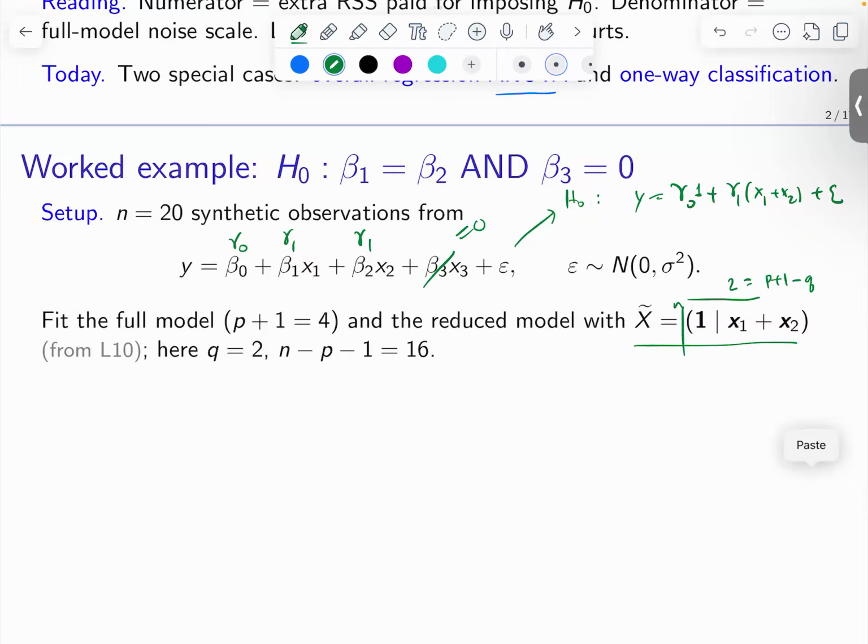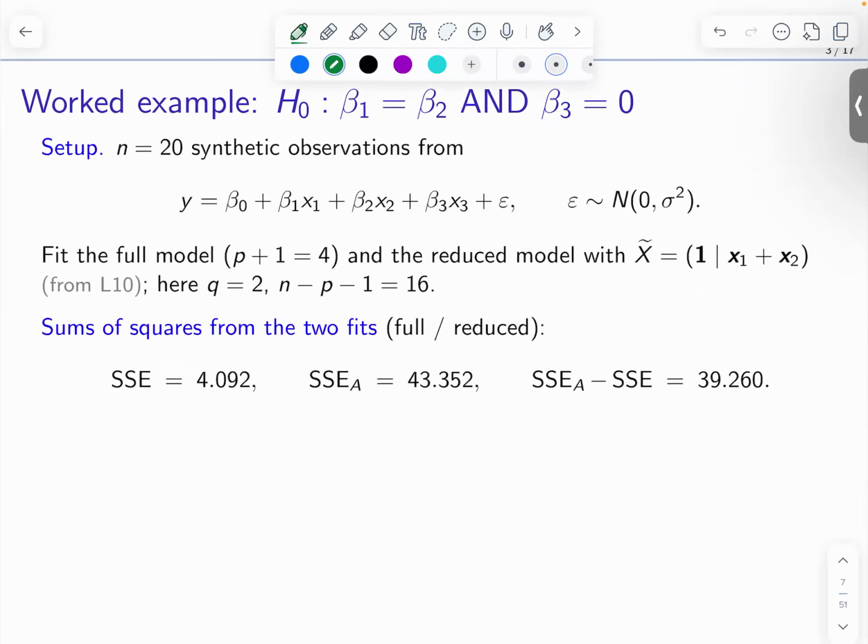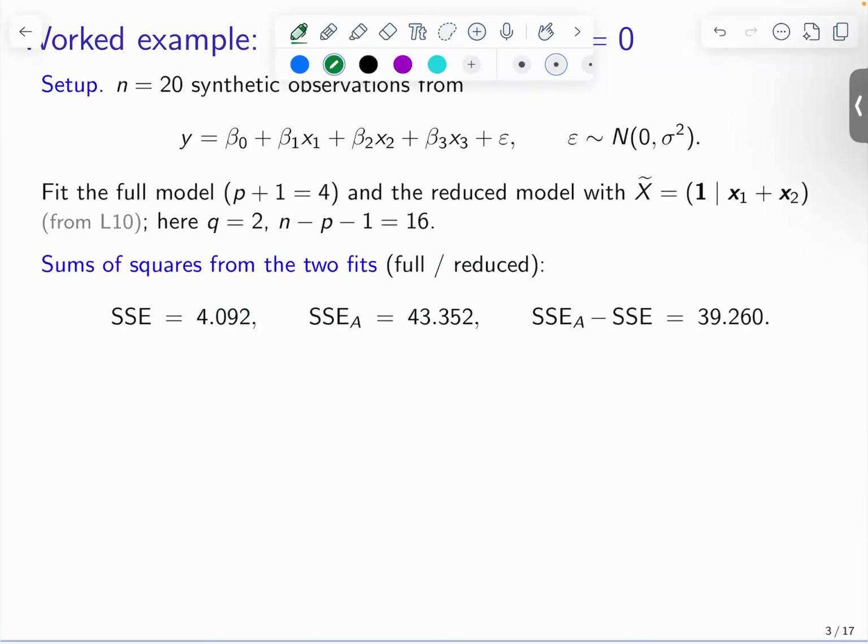And then we impose 2 constraints, so it happens the difference is 2 as well. So I fit this model to the data, and what I get is, let's say, SSE is like 4.09. SSE under the restricted model is 43 or something, and the difference is like 39.